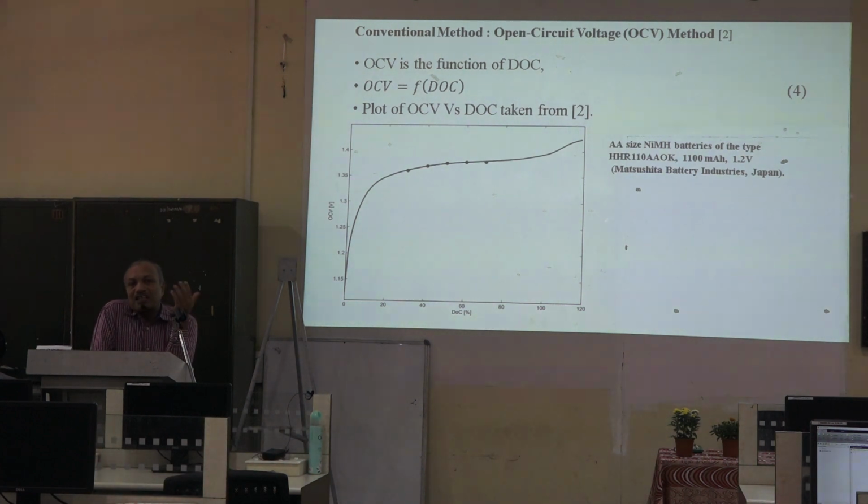So that charge is going to add, the coulomb count. This is the traditional open circuit voltage method.